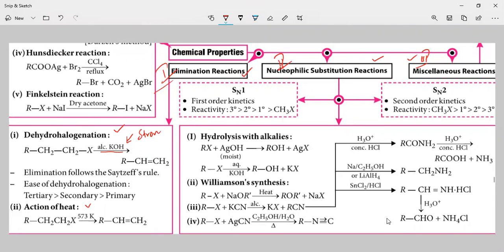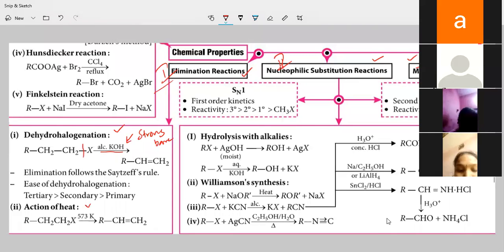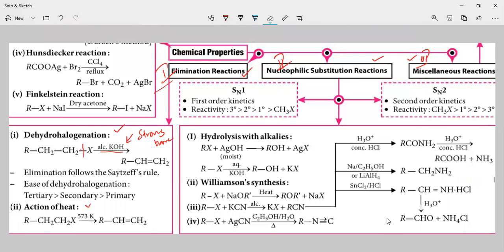What happens here is that the halogen will be eliminated and one hydrogen will be eliminated, and thereby you get a double bond between these two carbons, and you get an alkene.